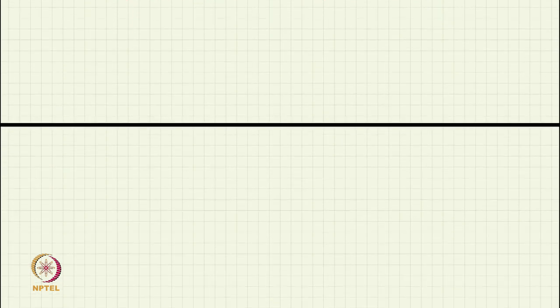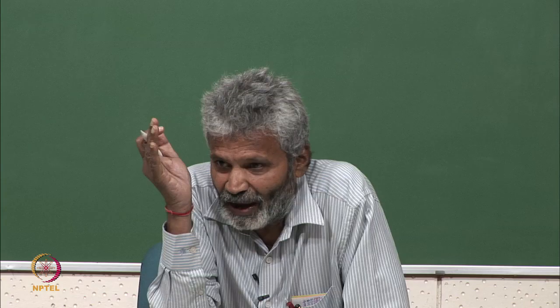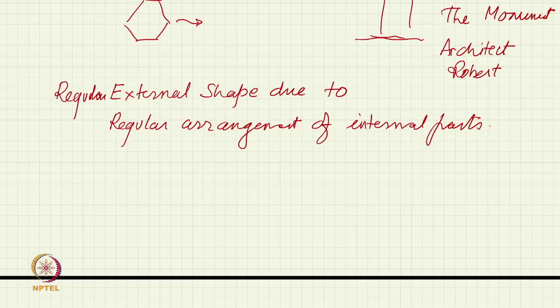Then came atoms. When atoms were discovered, then these postulates had some more concrete basis, that regular arrangement of internal parts means regular arrangement of atoms. So, then the question came. So, the question was formulated in terms of atoms.